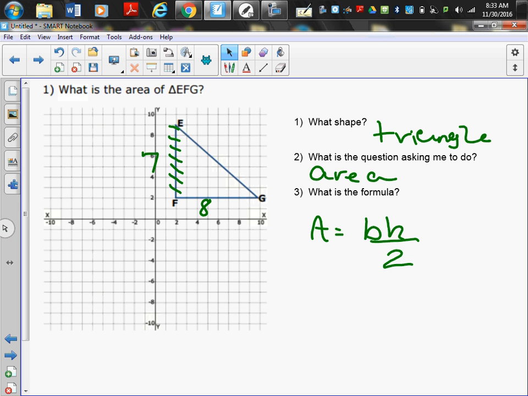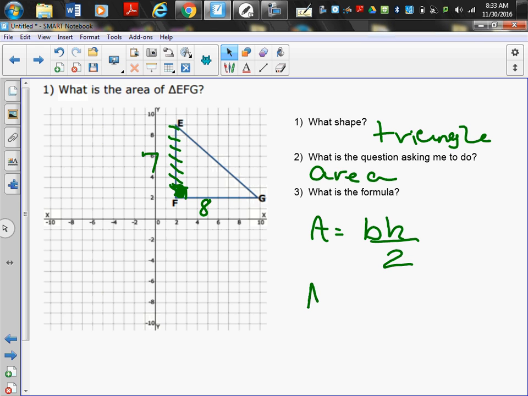So, where does line segment EF intersect what line segment to make a right angle? GF. Good. So right here is my right angle. So I have the pieces that I need. So now I can just plug it into my formula.